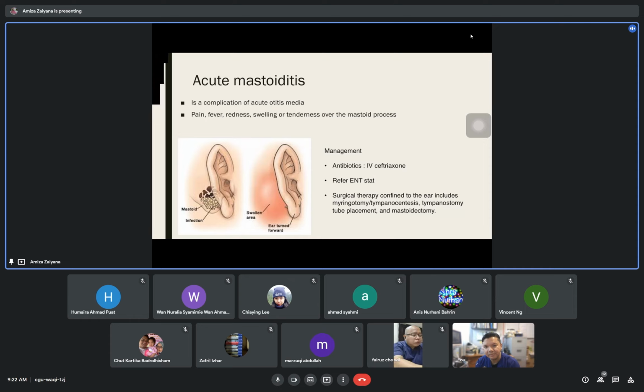These cells are called mastoid cells, so we remove the mastoid cells.